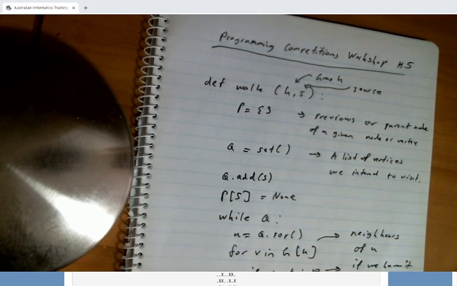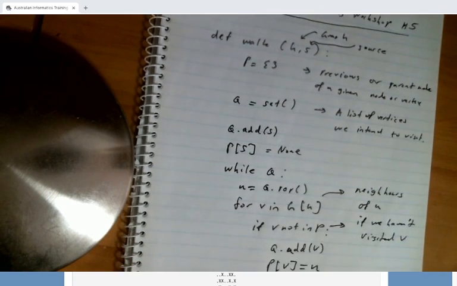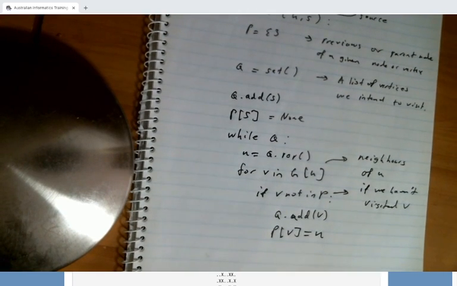What that means is now we should visit v, and in the next iteration we will. And of course we will set P[v] = u, meaning that our vertex v came from our vertex u. Or in other words, u was the parent of v.